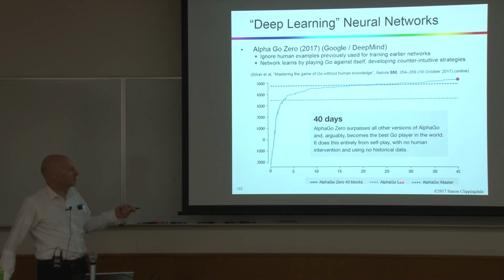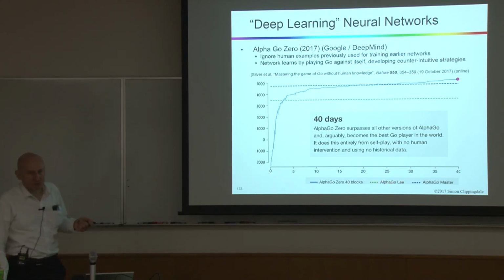So this guy, Lee, was a Go champion, and the machine trained using examples of his stuff achieved this green line level of accuracy. I'm not exactly sure what the accuracy measure is up here, but anyway. And the machine ended up beating Mr. Lee.